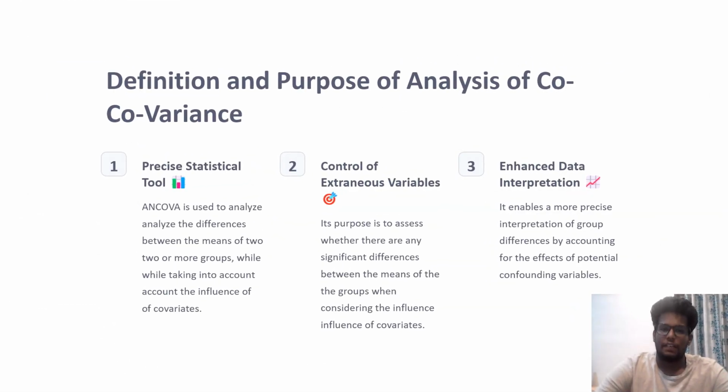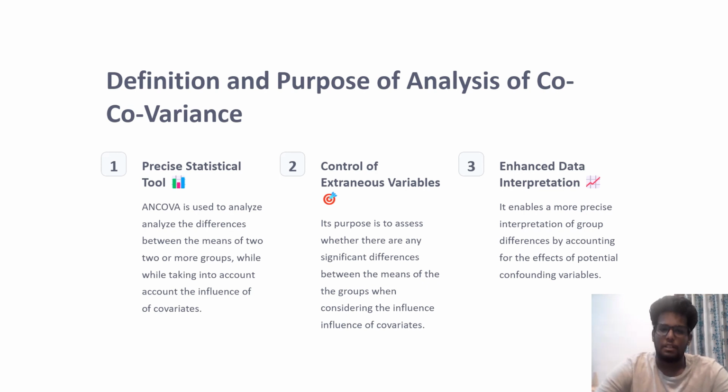Now we'll see the definition and the purpose of analysis of covariance. First, the precise statistical tool. ANCOVA is used to analyze the difference between the means of two or more groups while taking into account the influence of the covariates. Second is the control of extraneous variables.